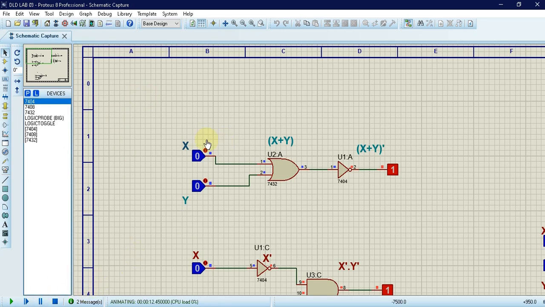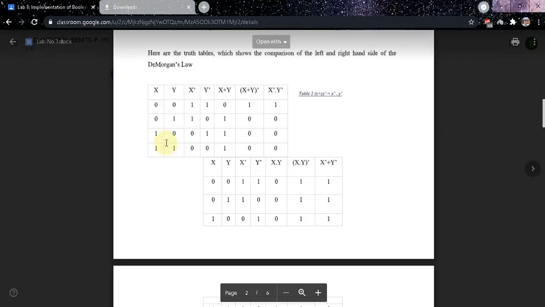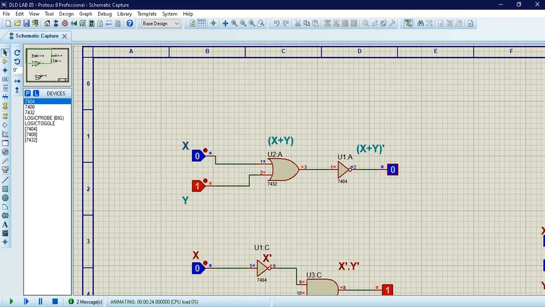Now we shall see another condition. Make y as 1. When we made y as 1, our output gave us 0. The logic probe gave us the output 0. Now if we give both of our inputs 1, the result is the same.